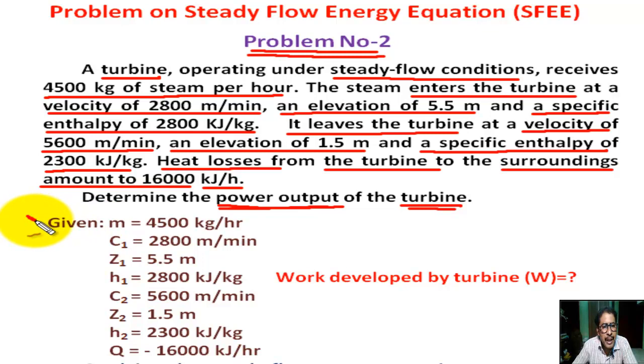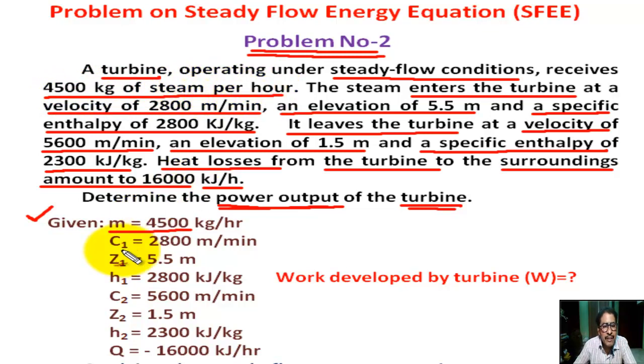Now, given M equal to quantity of steam supplied to the turbine, M equal to 4500 kg per hour, 4500 kg of steam per hour.